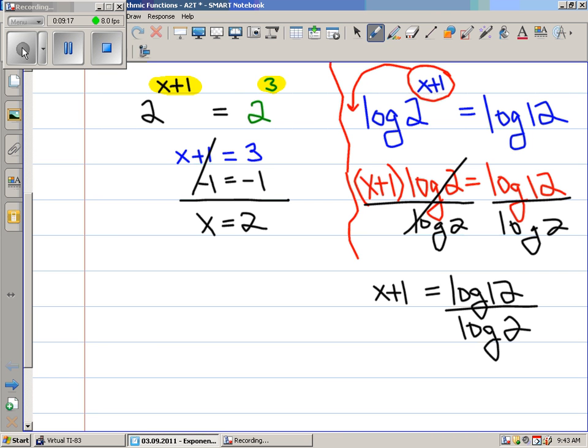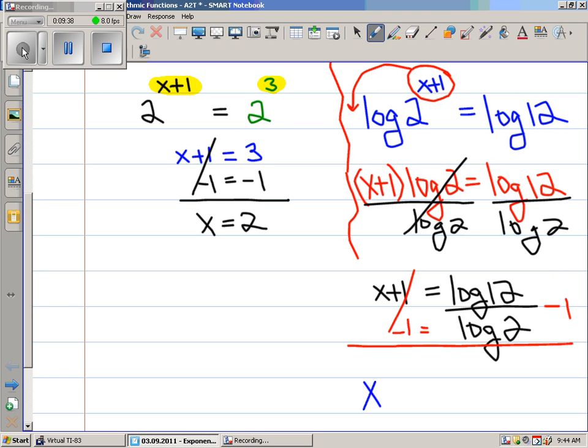And finally, what's the last step, Julio? Yeah, you subtract 1, just like you did, man. Subtract 1 from this side. These cancel off. And let's get our final answer for what the problem is.